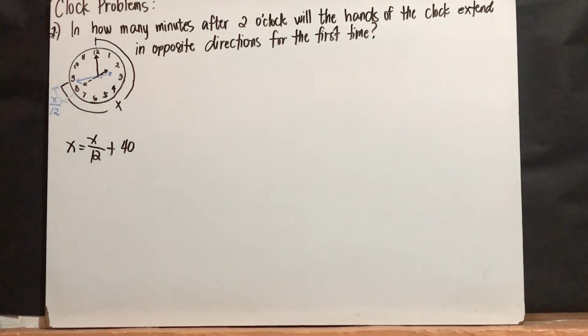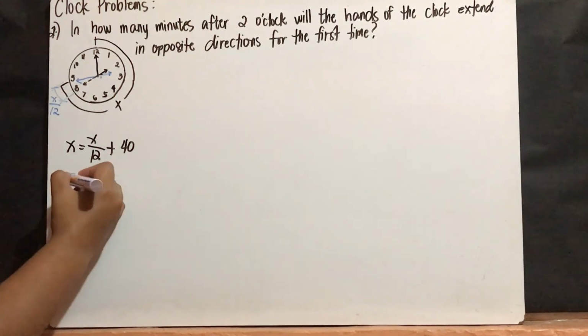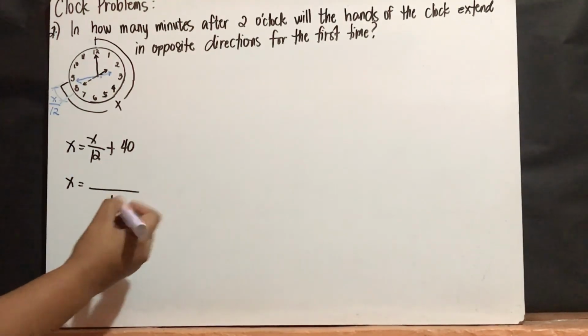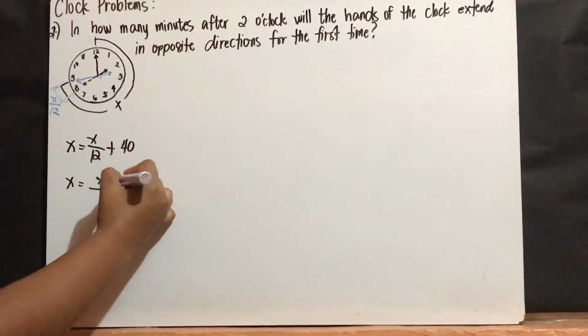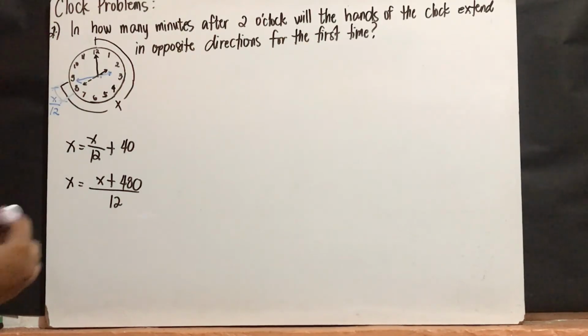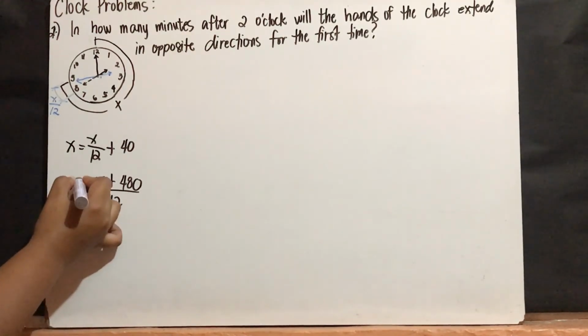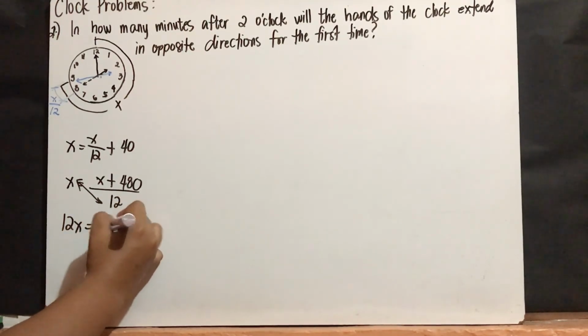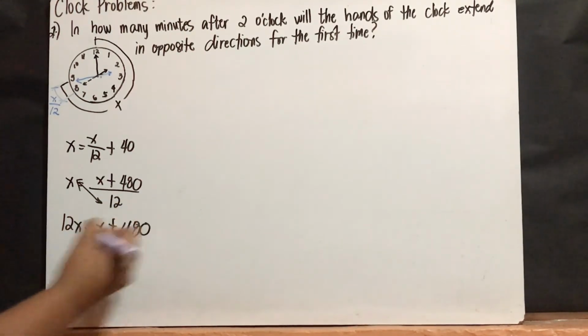For easier computations, okay? So, we have to simplify. This will be equal to x equal to, mag-LCD ulit tayo. This will be 12 and this will be x plus 12 times 40 is equal to 480. So, mag-cross multiply ulit tayo. This will be equal to 12x and then x plus 480.